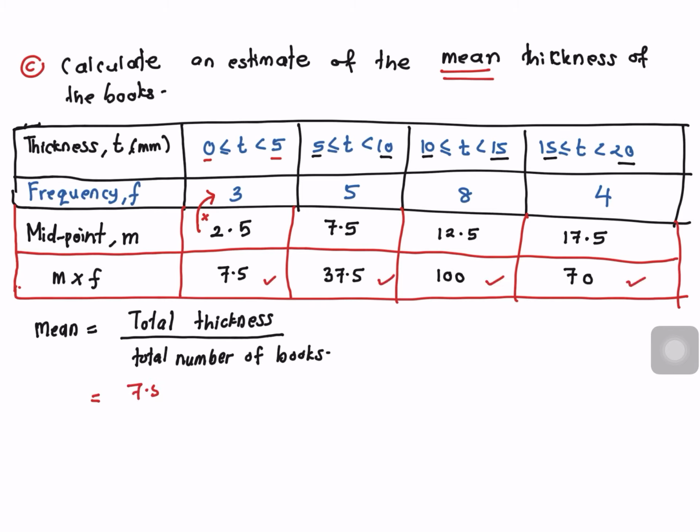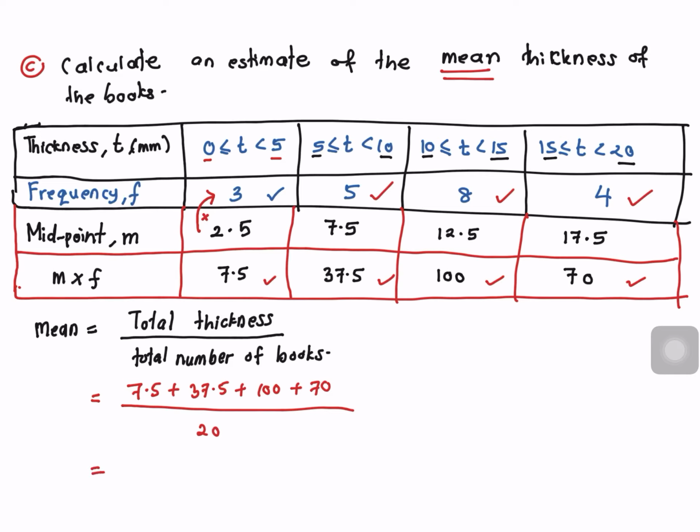So 7.5 plus 37.5 plus 100 plus 70 over the total of books, which is 20 books. How do you know this one is 20? Actually, this is 3 plus 5 plus 8 plus 4, which is the total of frequency.